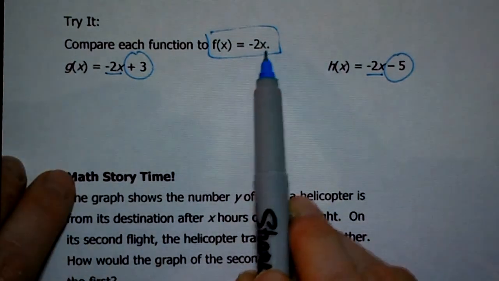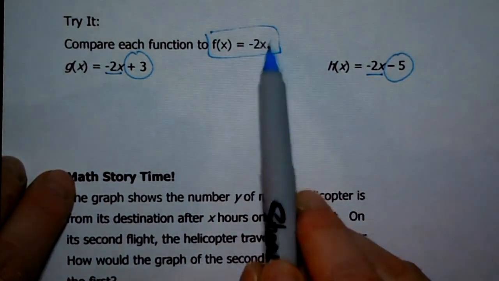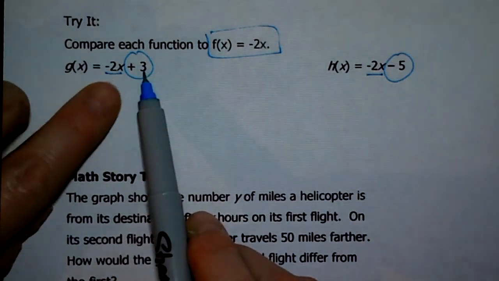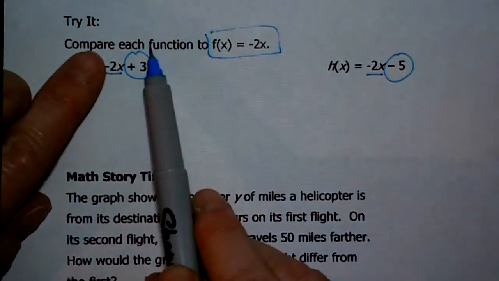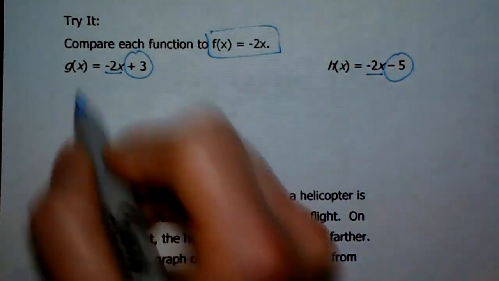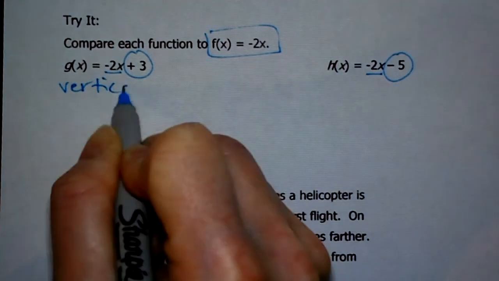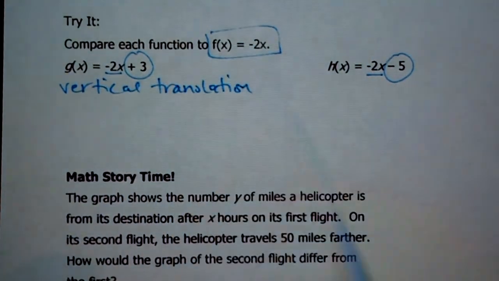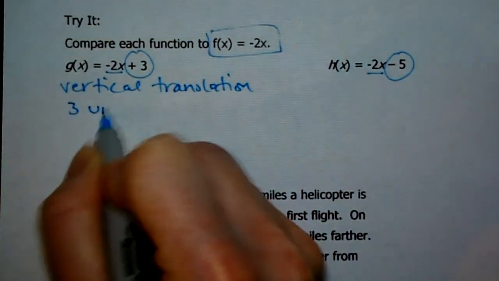So if this one is y equals negative 2x, that means it's starting at 0. This one would start at 3. So all we did was slide this same graph 3 units up. So I'm not going to say slide it 3 units up. I'm going to say vertical translation. I think after you've written it 4 times, actually 5, you'll have it down. It's a vertical translation 3 units up.